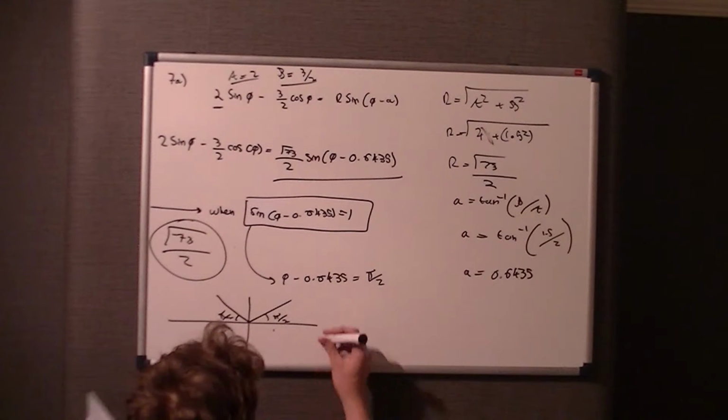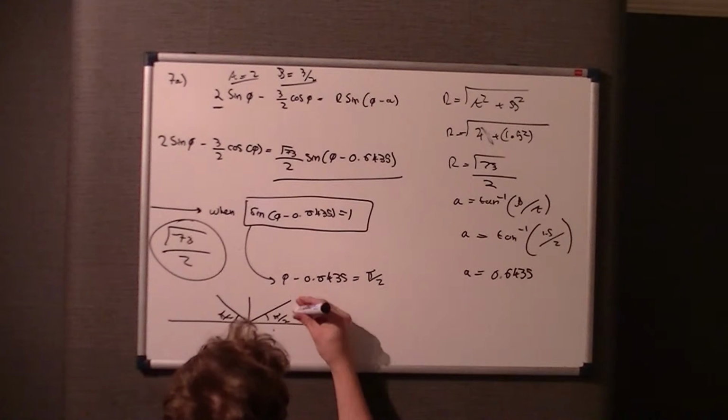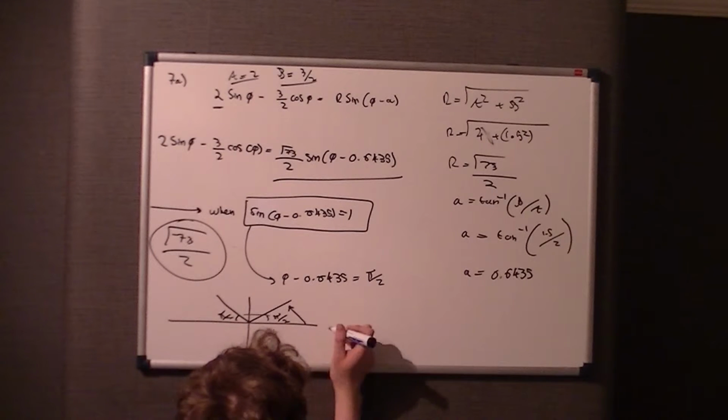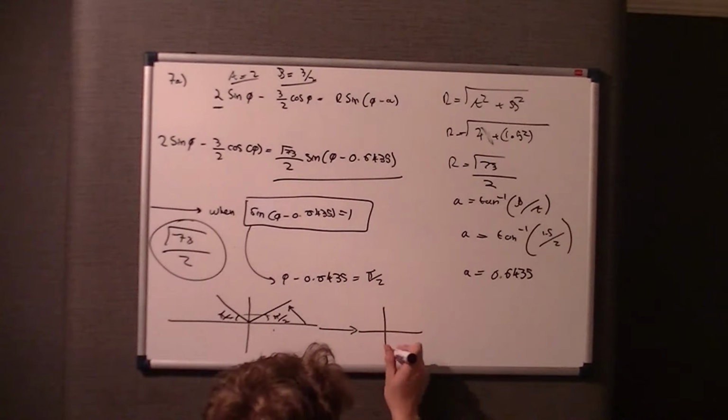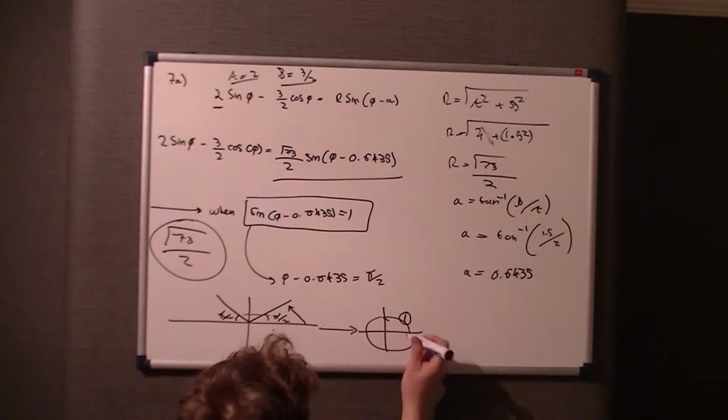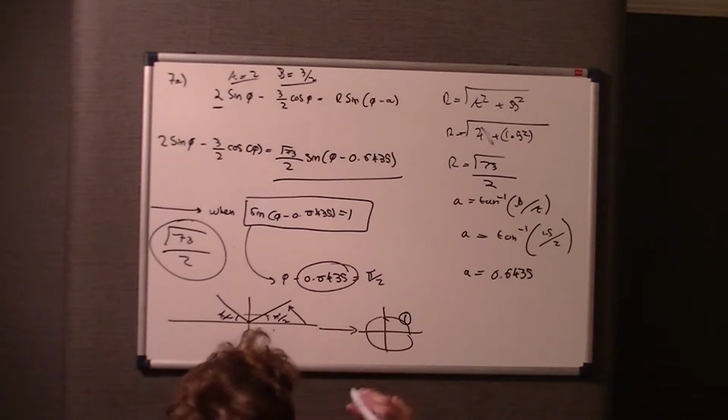So the only answer that we get is the first one, because these two are the same, really. What the graph should look like is just that. Just one answer, and there's no point going round again because this is clearly less than 2 pi.